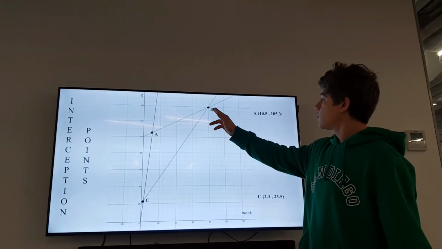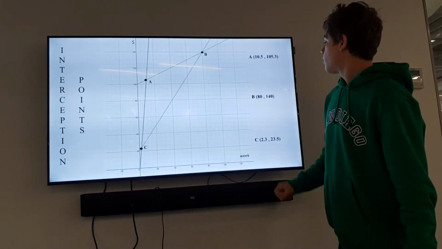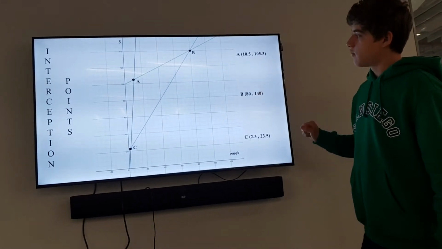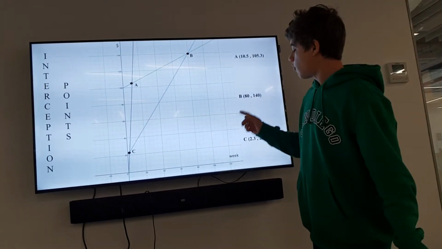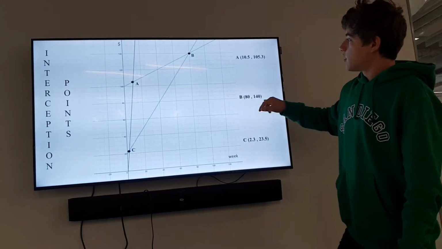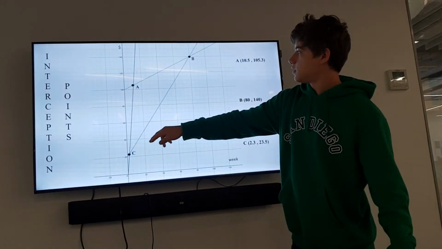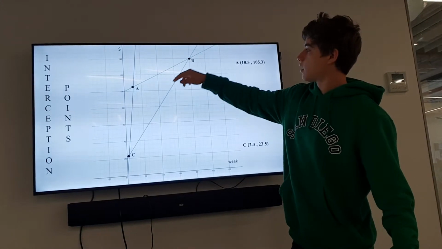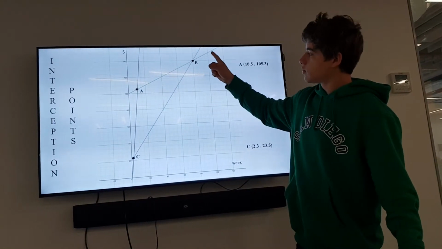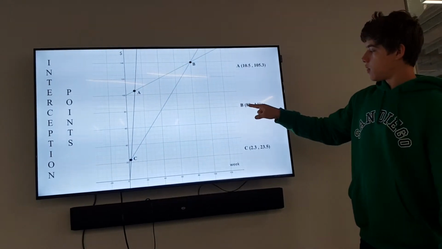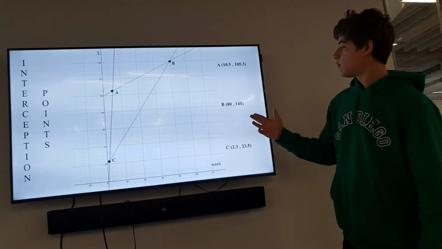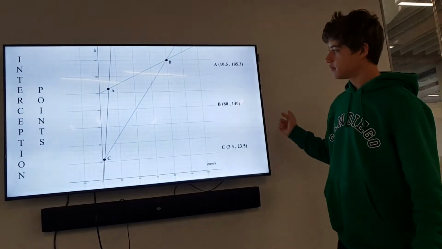My last point for this graph is point B, which is represented by 80 and 140. 80 is the number of weeks, so after 80 weeks it will cost $140, as it is the intersection between the blue line and the green line. The green line is filter 1 and the blue one is filter 2. It means that in 80 weeks, both filters will have the same cost of $140.